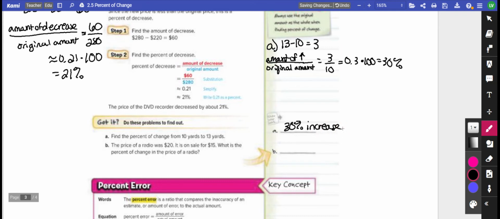Letter B. The price of a radio was $20. It is on sale for $15. What is the percent of change in the price of the radio? So if it was $20 and now it's on sale for $15, we know that this is going to be a decrease.